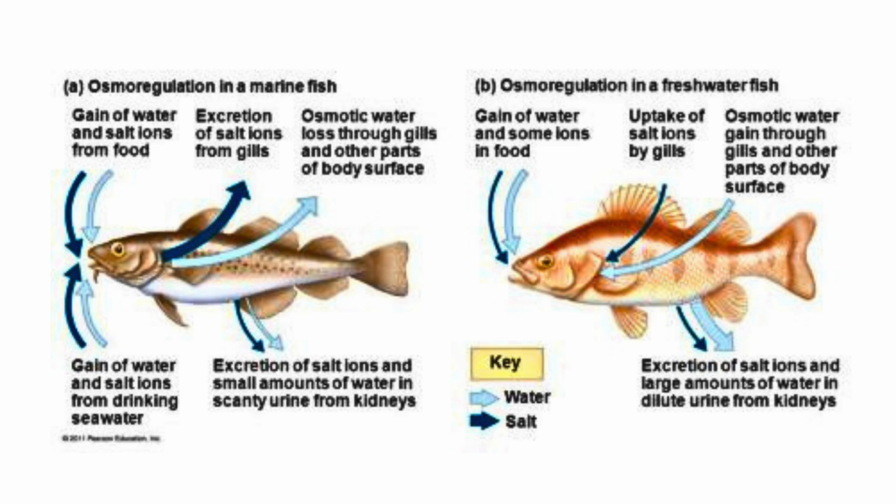In marine habitats, however, the animals live in an environment which is hypertonic to their body fluid. That is, their body fluid is less concentrated than their surrounding water environment. As a result, marine animals experience constant outflow or loss of water to the surrounding saline or salty water.